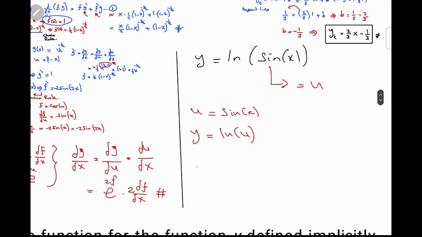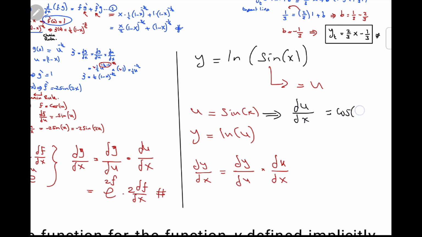The chain rule says that dy by dx, the derivative we want to calculate, is expressed as dy by du times du by dx. So we need to find du by dx, which is equal to cosine x, and dy by du is simply the derivative of ln u, which is 1 over u.